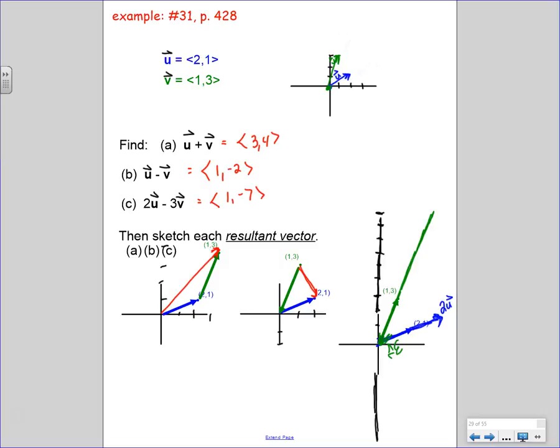So 9, 8, here's 7. I can take this distance, which would be almost the span of my hand, carry that down. So pretty much right here at the very, very bottom. Negative 7. I know that 1 is this distance. Okay. So here's my resultant. 1, negative 7 would go down this way, right?